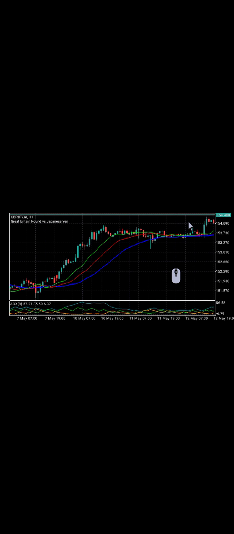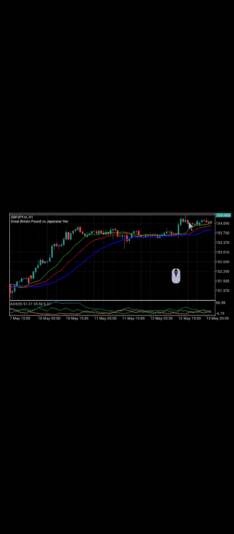Then see where this green moved below the red, but did not cross the blue. Take a look at it here. The green moved below the red, but it did not cross the blue.